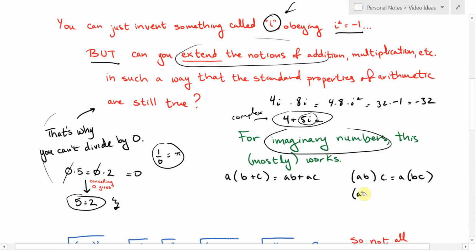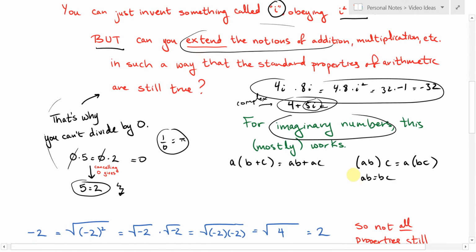I don't need parentheses here. a times b should equal b times a, and so on. I mean, you can just go pick up an algebra book, look at the basic properties of arithmetic, and for the most part, most of them work, even if you allow the numbers a, b, and c, and so on, to be complex numbers. Real numbers plus another real number times i, times an imaginary i.